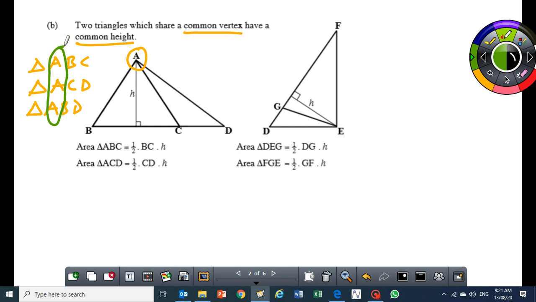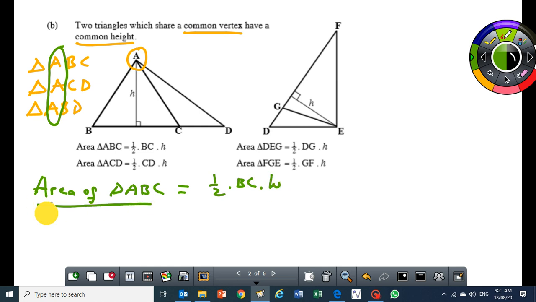So if I divide, say, the area of triangle ABC by the area of triangle ACD, you can see that the area of triangle ABC is equal to half times BC times H, and the area of triangle ACD is equal to half times CD times H. Any two triangles that share a common height, if you want to determine the ratio of their areas, it will be equivalent to the ratio of their bases.